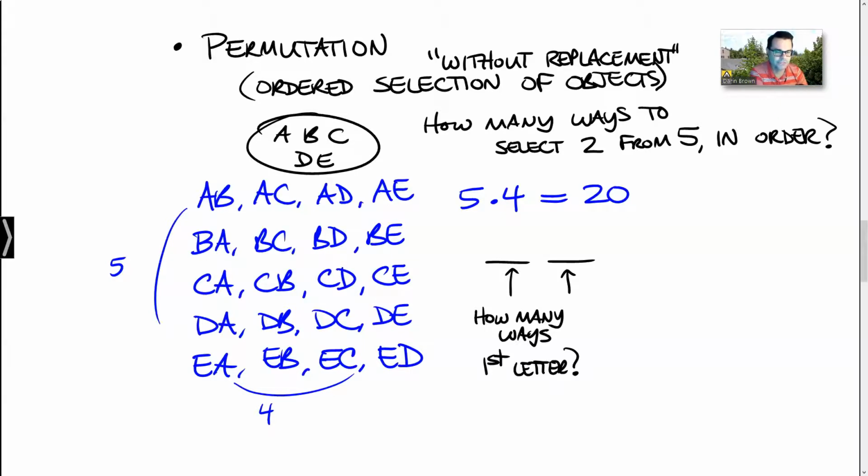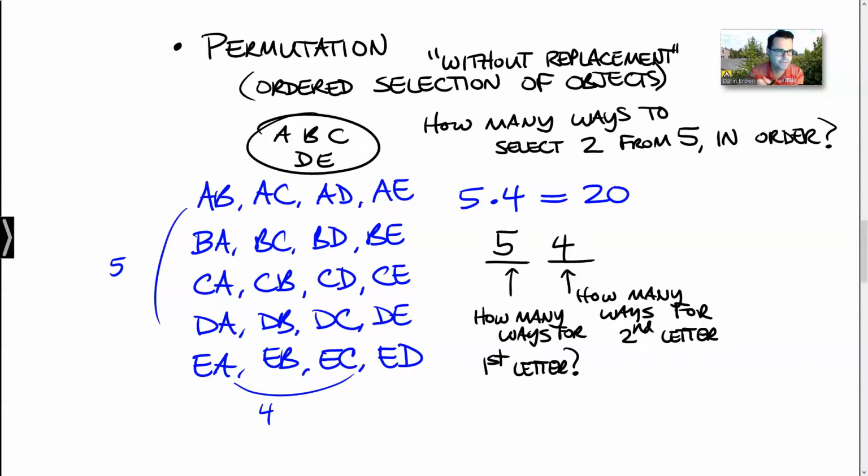How many ways can you choose the first letter? Well, there's A, B, C, D, or E. So there's 5 possibilities. And then how many ways to choose the second letter? Now, you may have different choices. Depending upon which letter, there's going to be 4 different letters left. It might not be the same 4 letters, but there's always 4 of them remaining because you took out 1. So for the second letter, it's 4. So you have 2 tasks.